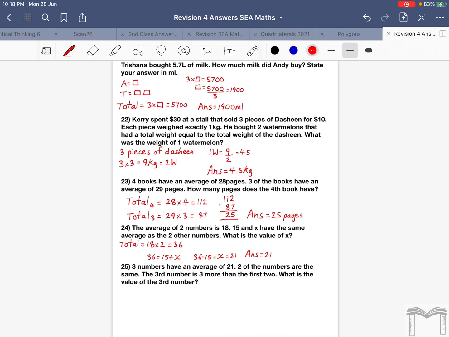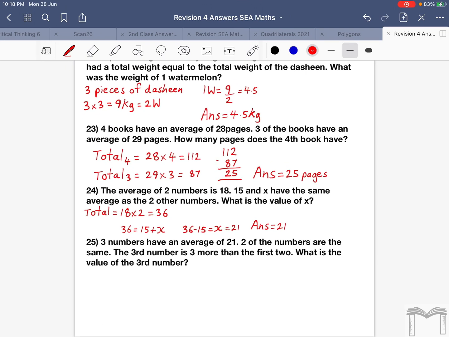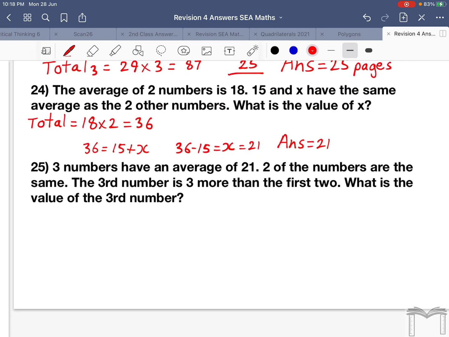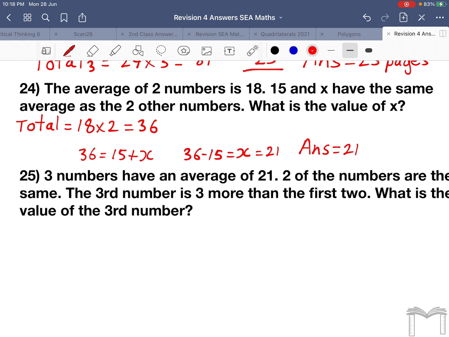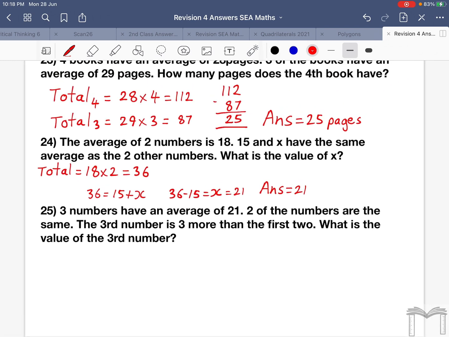Okay, last question on this page. 3 numbers have an average of 21. 2 of the numbers are the same. The third number is 3 more than the first 2 numbers. What is the value of the third number? So for the two numbers, we'll use box.